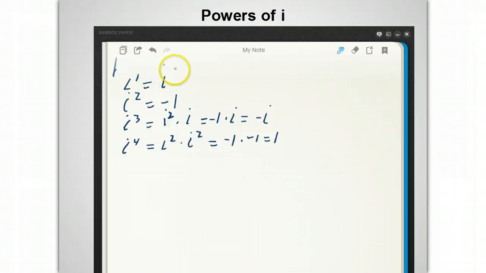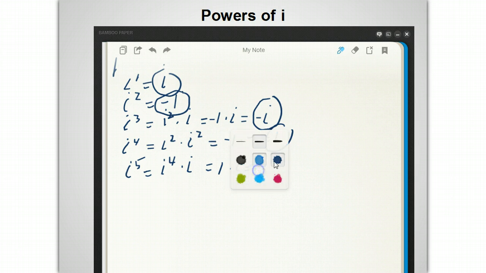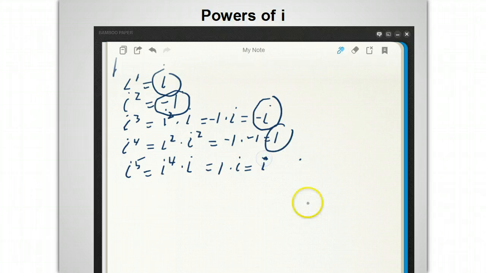So if we look back in these 4, i to the first is i, i to the second is -1, i to the third is opposite of i, or -i, and i to the fourth is 1. These are the only 4 we have to remember, because what happens when we go to i to the fifth? i to the fifth is equal to i to the fourth times i, and i to the fourth is 1. 1 times i, identity, that's i, right?